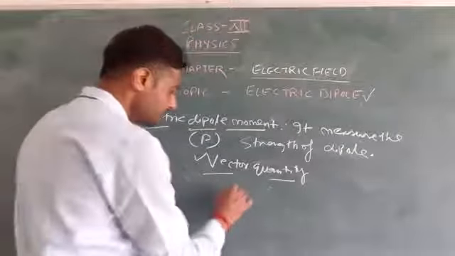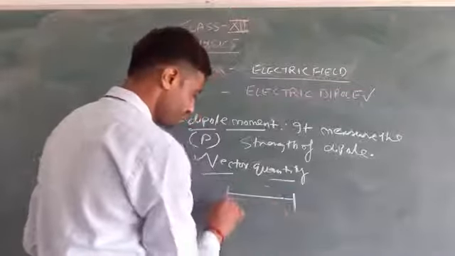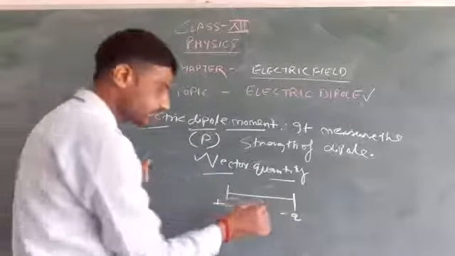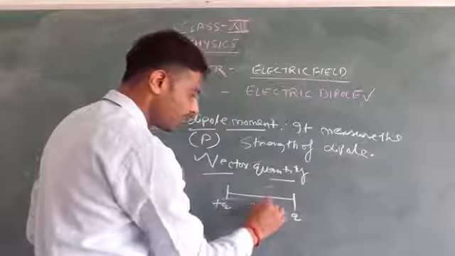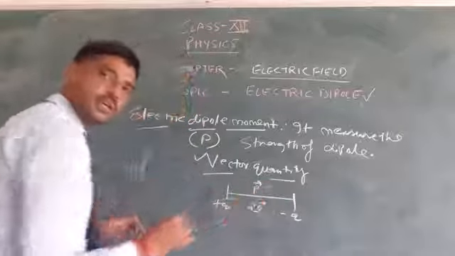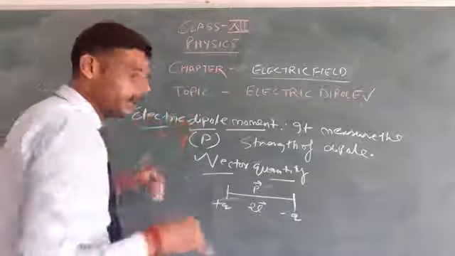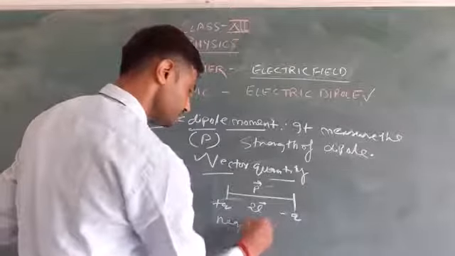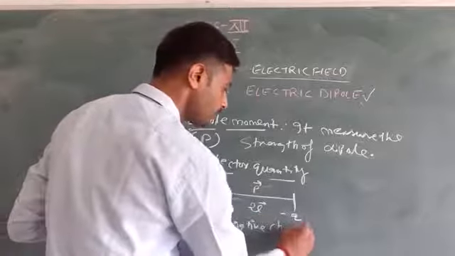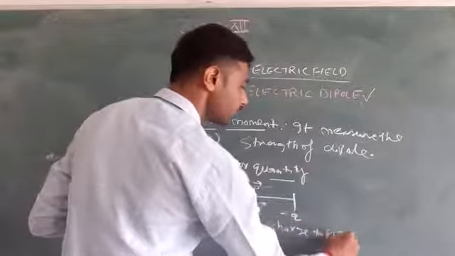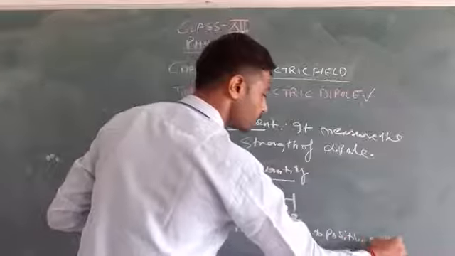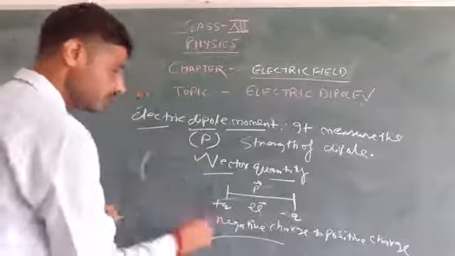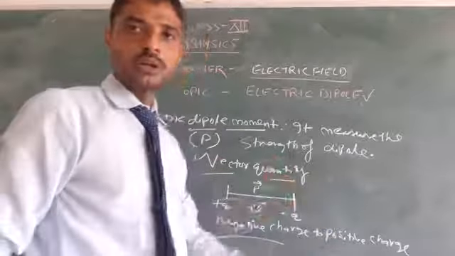Okay, and the direction of the dipole moment P is along the direction of the distance 2l, from negative charge to positive charge.